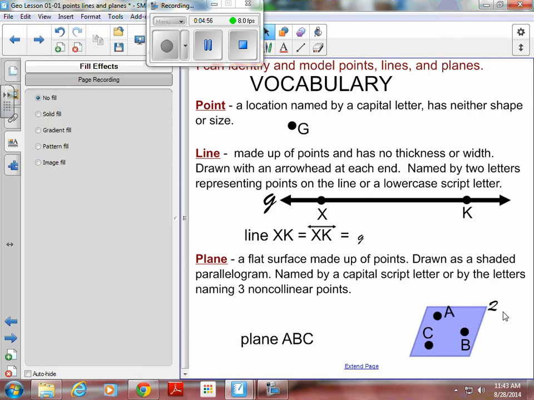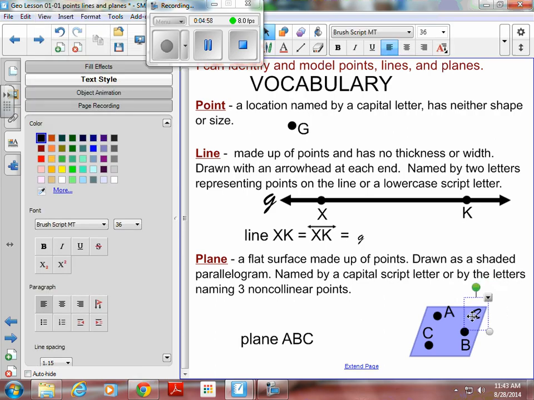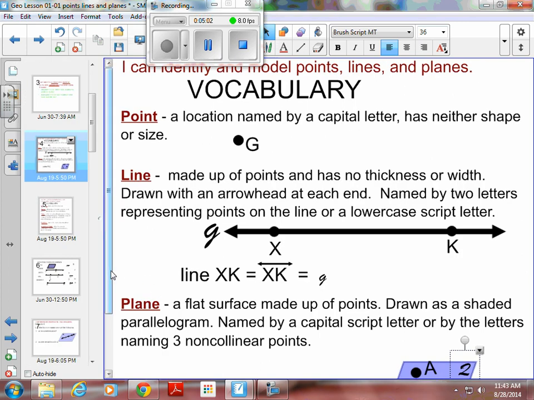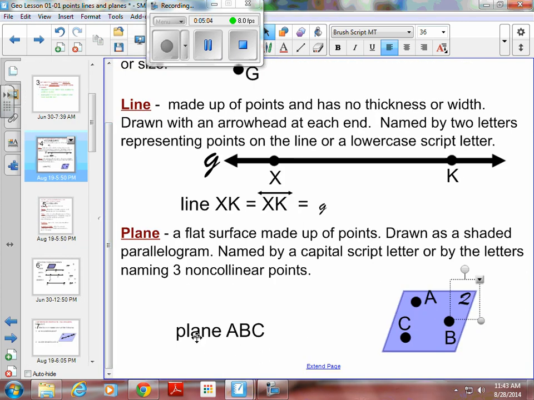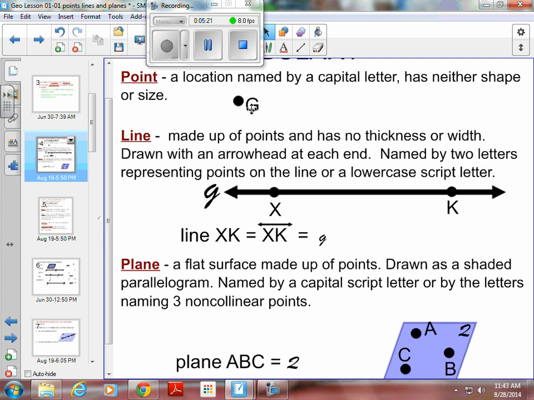Okay, so that looks an awful lot like a 2, but that is a capital Q. So we've got plane ABC, and that's also equal to our capital Q, plane Q. So points are capital letters, and they're signified by a dot.